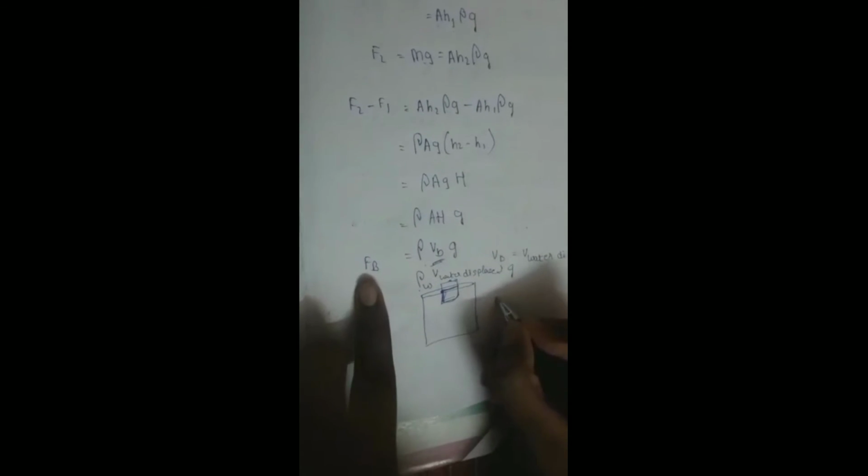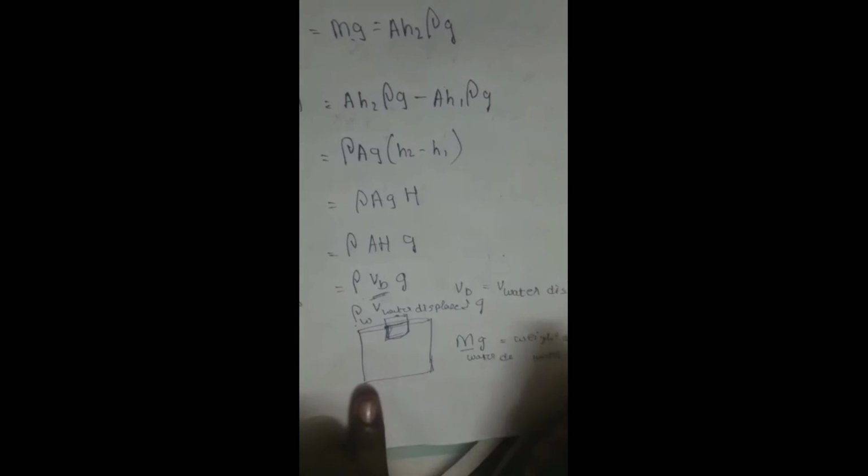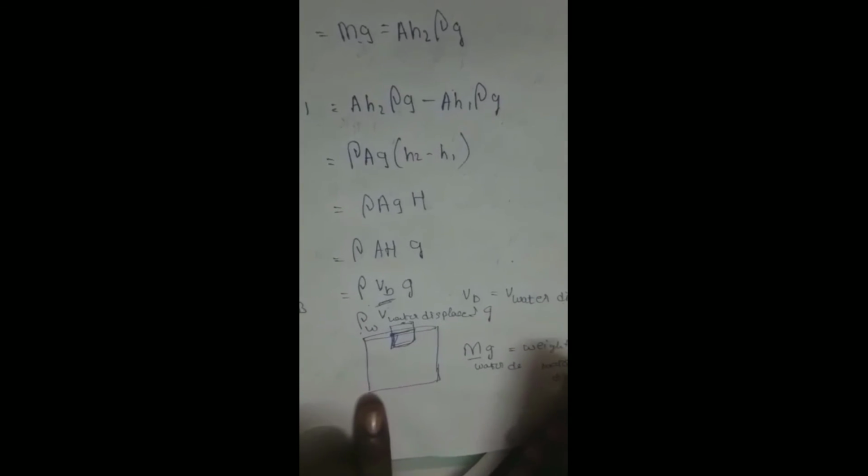Rho into V gives m g, where m is the mass of water displaced. So mass of water displaced into g is equal to the weight of water displaced. So we get the answer: buoyancy force is equal to the weight of water displaced.